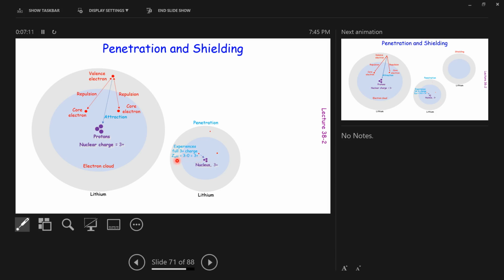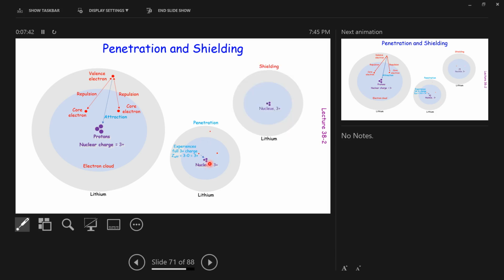The effective nuclear charge should be 3 minus 0. 0 means there's no shielding. There are no inner electrons anymore to shield this electron from the positively charged nucleus. So this phenomenon is called penetration.